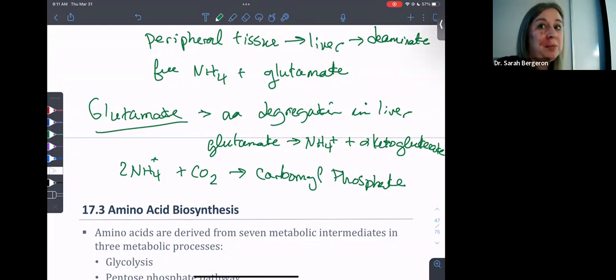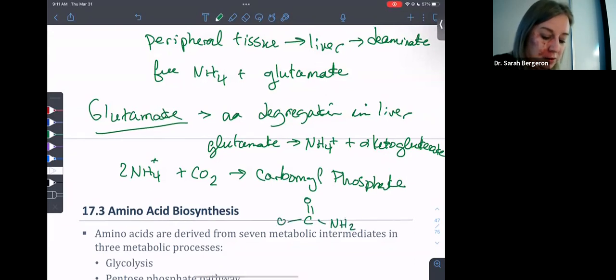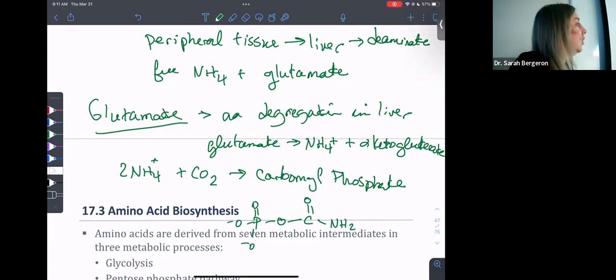You have a phosphate group in the place of one of the nitrogens, right? So then you have an NH2, and then you have, oops, your negatives, don't forget your negatives. So if you know urea structure, you know carbamoyl phosphate.